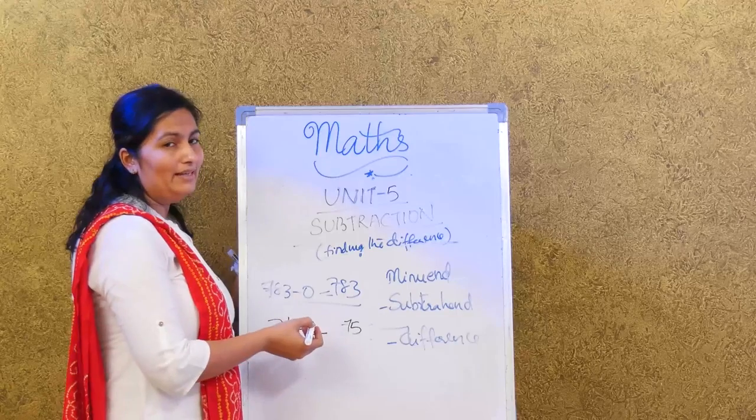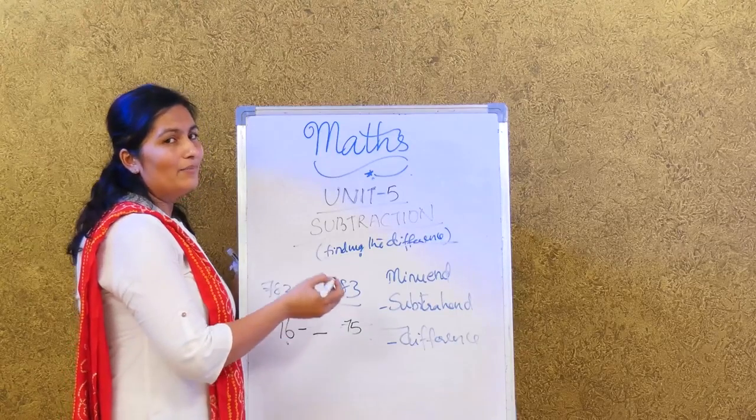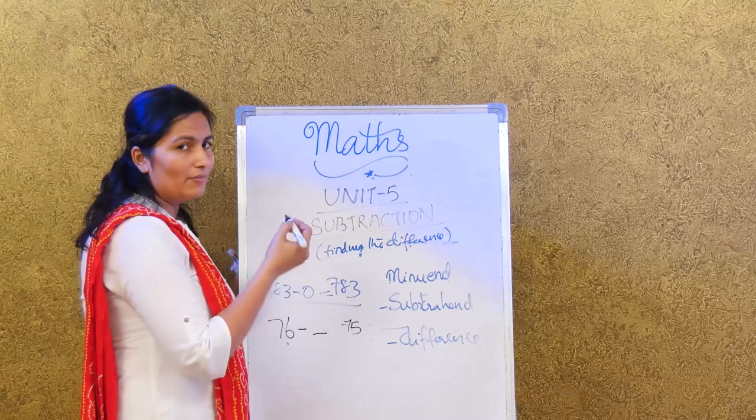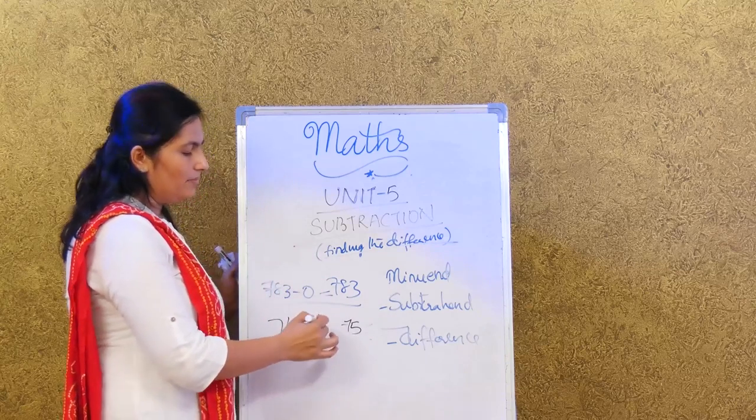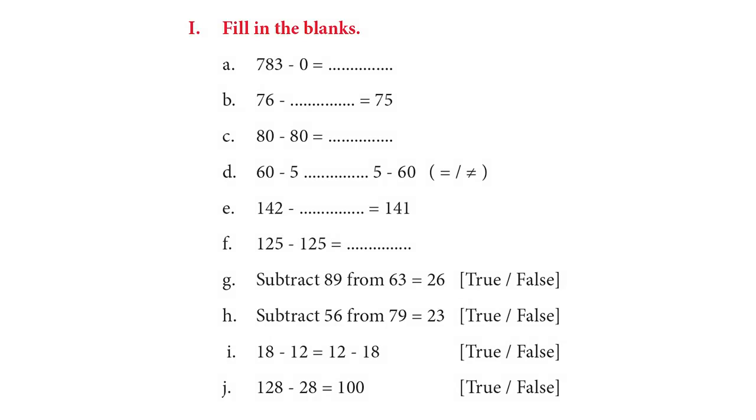We learned the property, anything minus 1 you will get the previous number or the predecessor. So, the answer would be 1. In a similar manner, try the rest of the sums. 80 minus 80, again we learned the property, anything minus the same number is 0.